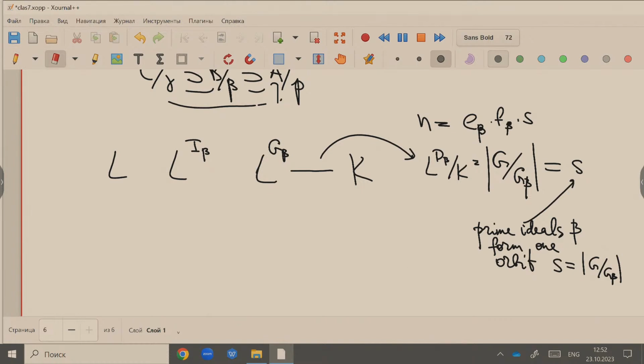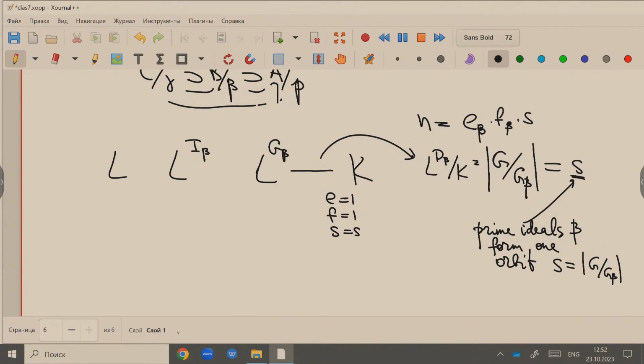And one can guess that here you have ramification equal to 1, F is equal to 1, and S is equal to this given S. I mean, it is a guess, it's not a proof yet. We have just noticed that the order of the group is S, and one can guess that ramification and inertia subgroups do not occur here.